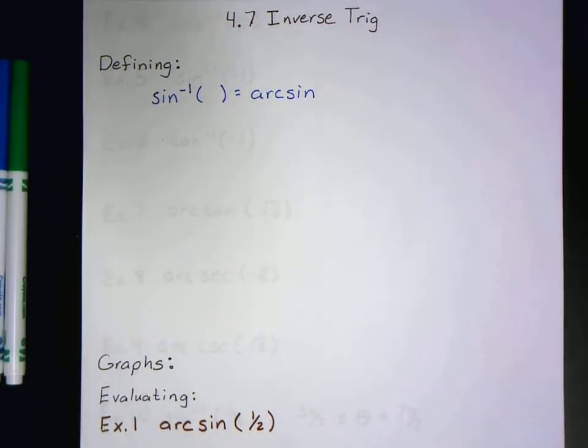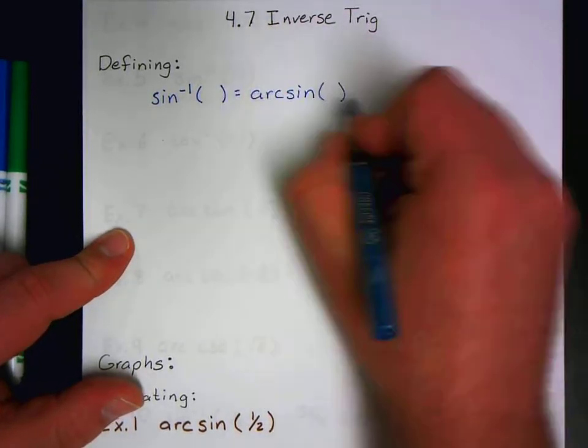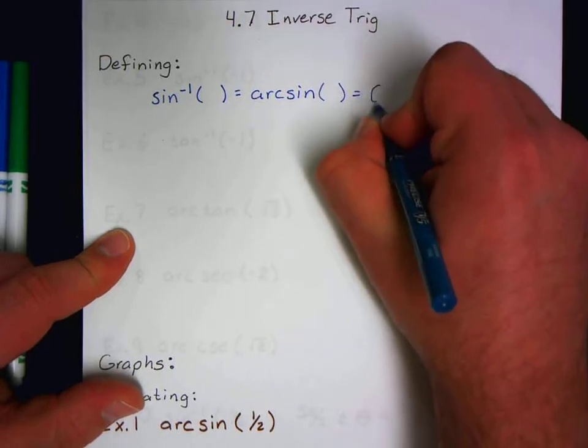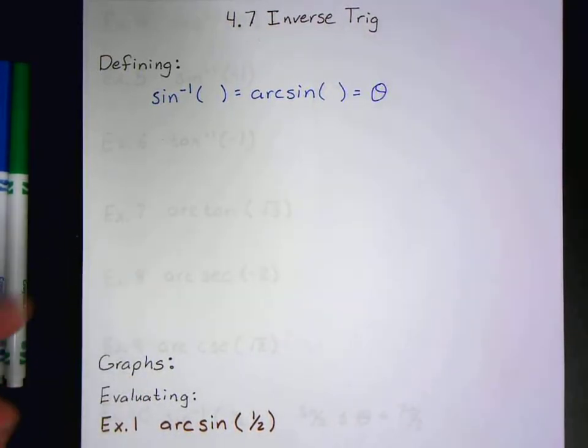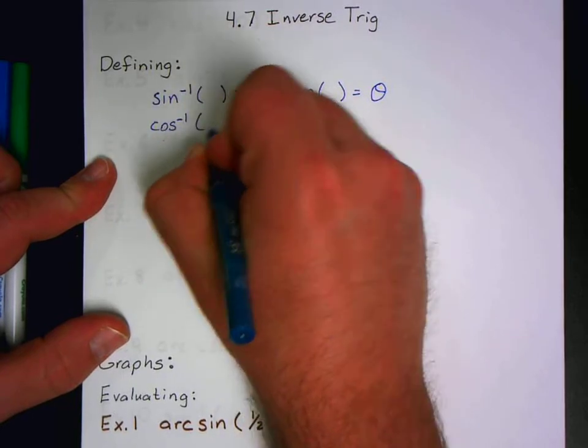That's how it's pronounced, arcsine. You put the ratio on the inside and you get the angle back as an answer. And again, we can do the same thing with cosine or tangent.